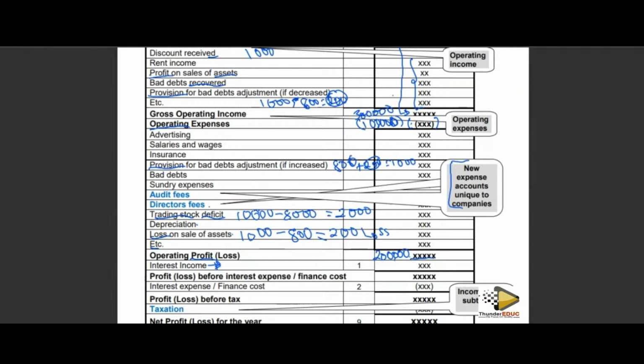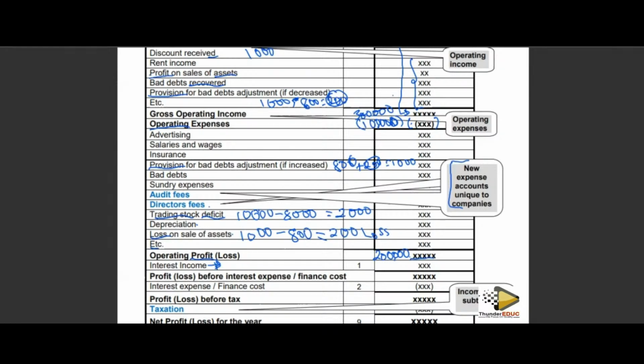If we have a fixed deposit, the bank will always give us interest income, okay? Because they are using our money. So that interest they give us, we call it the interest income. Okay.